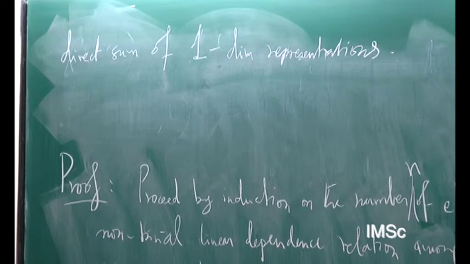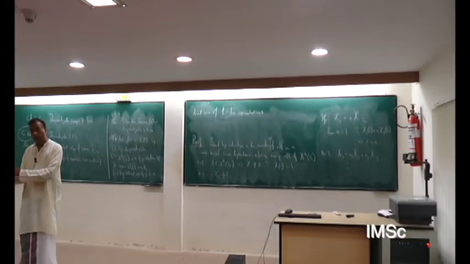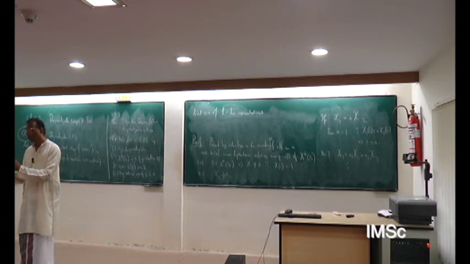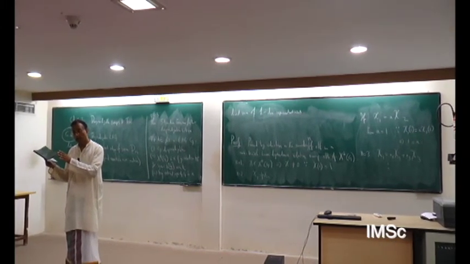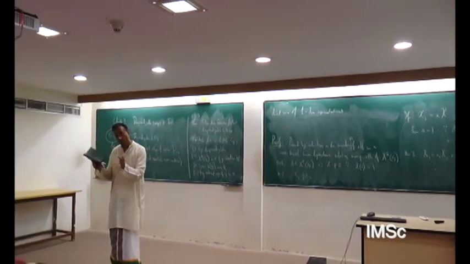See, if you have a finite group and you take representations over characteristic 0, then every representation splits as a direct sum of irreducible representations, right? But that is only true over characteristic 0. It's not true over characteristic p, even for a finite group.